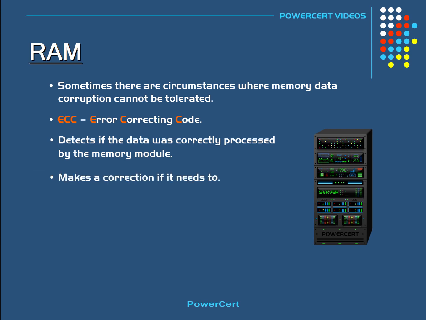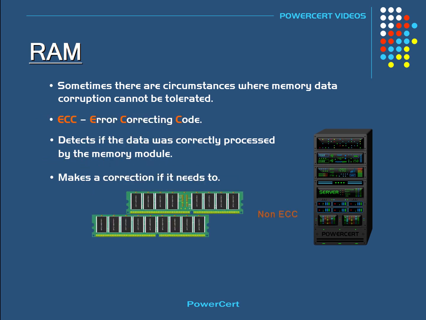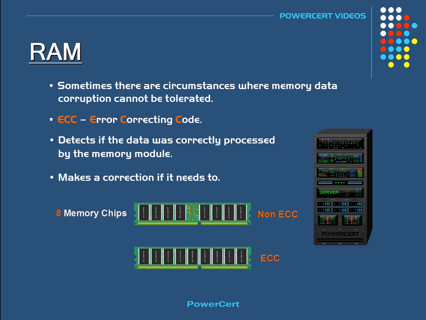You can tell if a RAM module has ECC by counting the number of memory chips on the module. In a standard non-ECC DIMM, it will have 8 memory chips. But in an ECC memory module, it will have 9 memory chips.